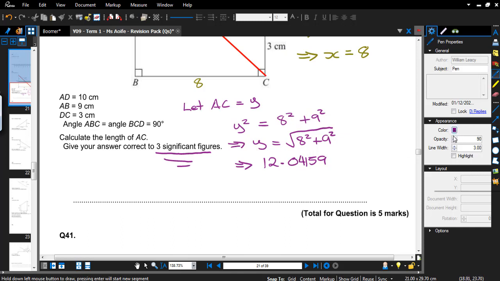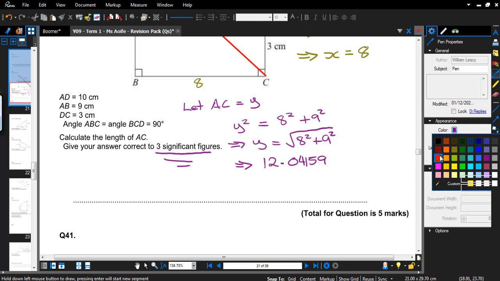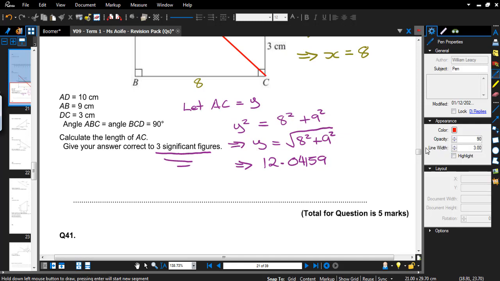The rule with significant figures is 0 cannot be the first significant figure, but after that, it doesn't matter. The first significant figure is the first non-zero number. That's the first, that's the second, this is the third. It's fine for 0 to be the third. It just cannot be the first significant figure. So that's the third significant figure.